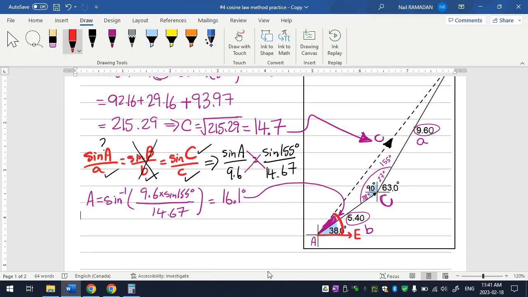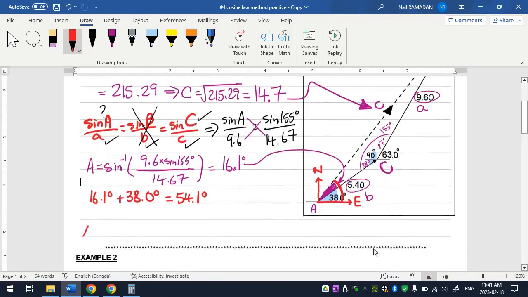Okay, so it will be between east and north, which will be east-north, because we went east and then we went north up. Oh, sorry, we have to add. So my angle will be 16.1 degrees plus 38 degrees, which will be 54.1 degrees.